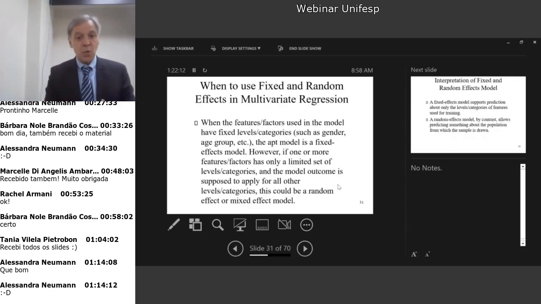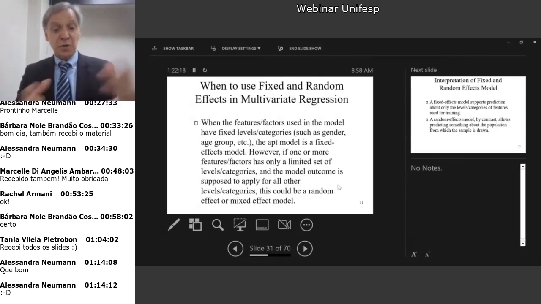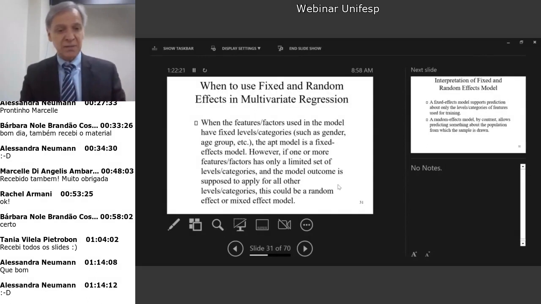Another one here. When to use fixed and random effects in multivariate regression. When the features or factors you're interested in, used in a model, have fixed level categories like gender or age group, that's a telltale sign that you need to use a fixed effect model, okay?